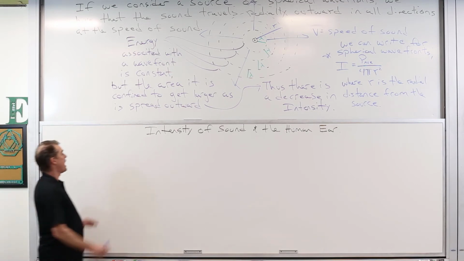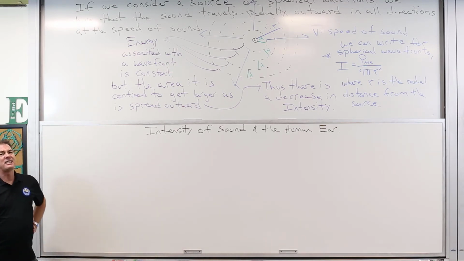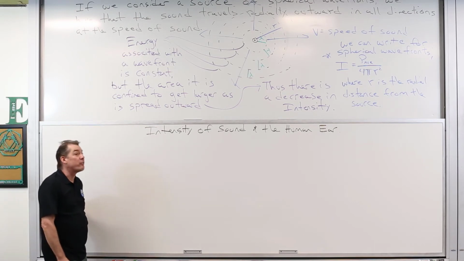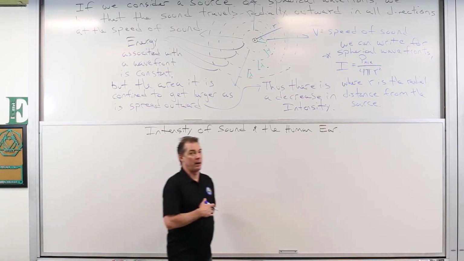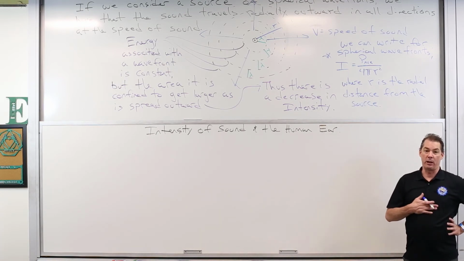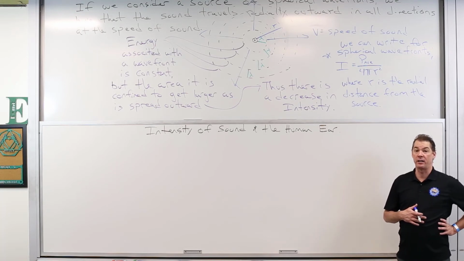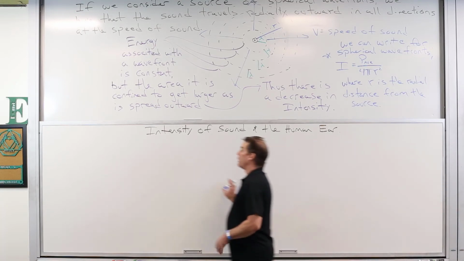It can hear sounds between approximately 1 times 10 to the negative 12 watts per meter squared and 1 watt per meter squared. Whew, that's a pretty big variation there, right? A billion times.